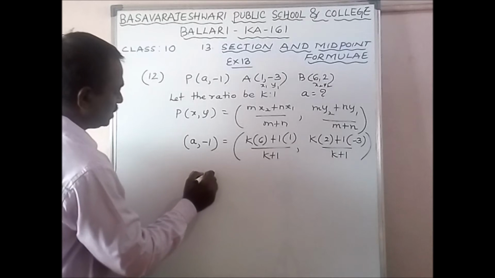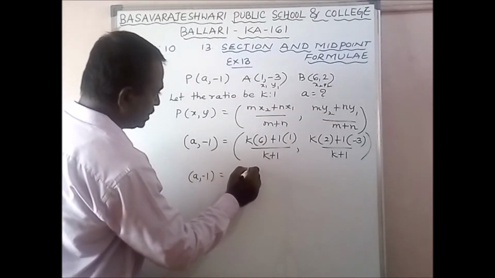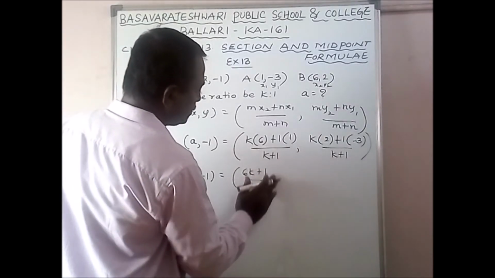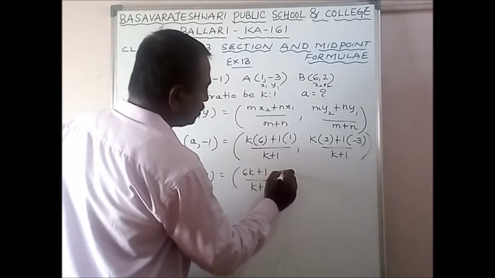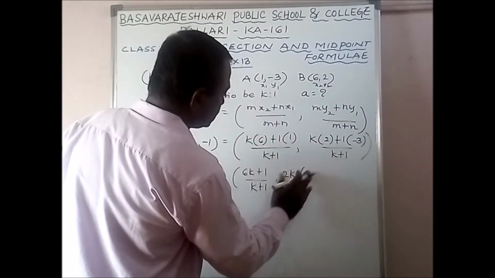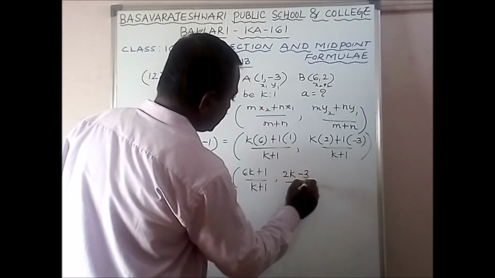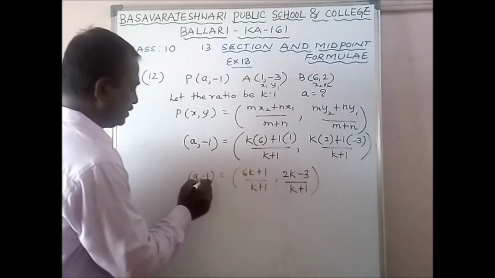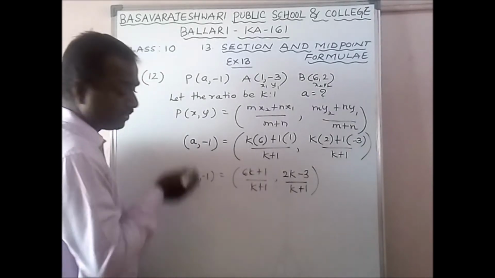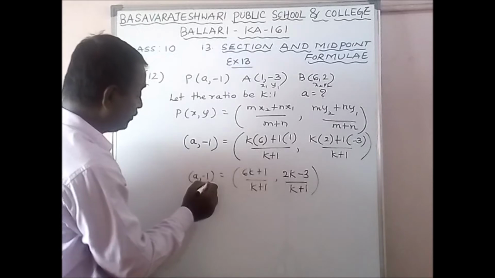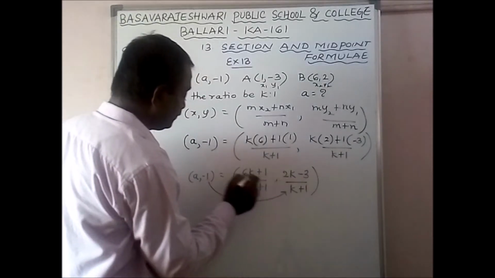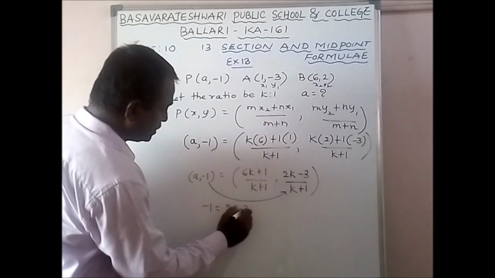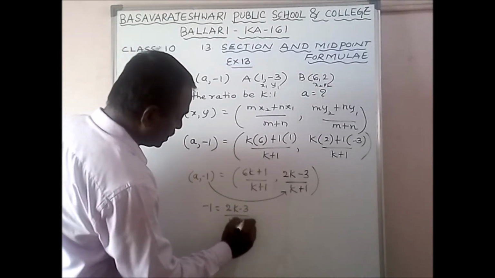(a, -1) is equal to ((6k + 1)/(k + 1), (2k - 3)/(k + 1)). Okay, so you cannot take the x coordinates to equate because two unknowns are there, therefore I can take the y coordinates. So -1 is equal to (2k - 3)/(k + 1).